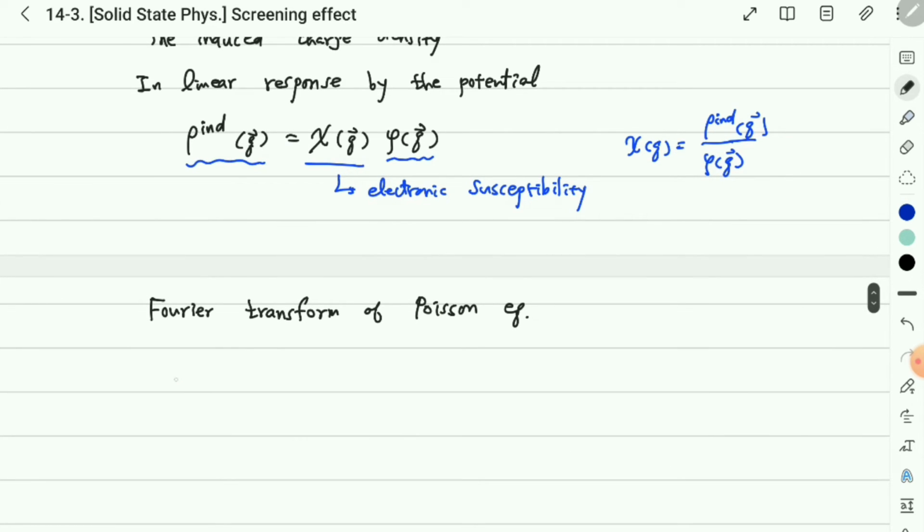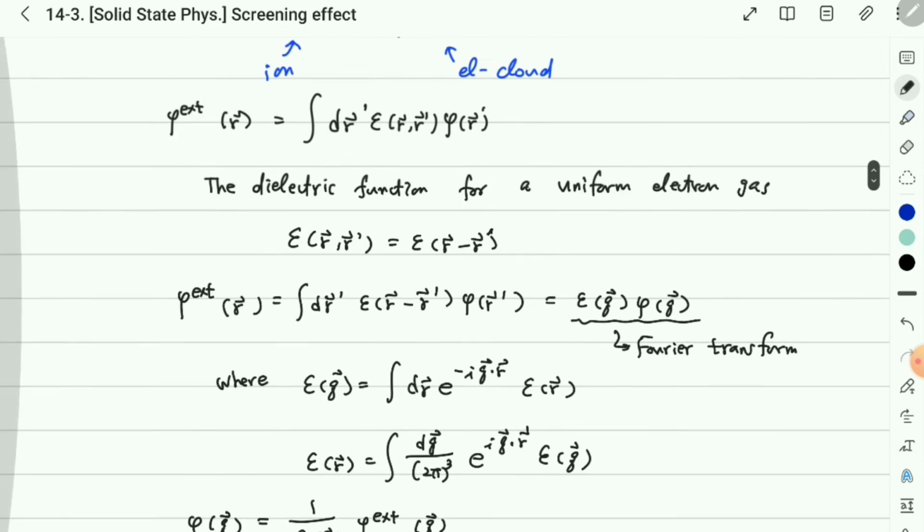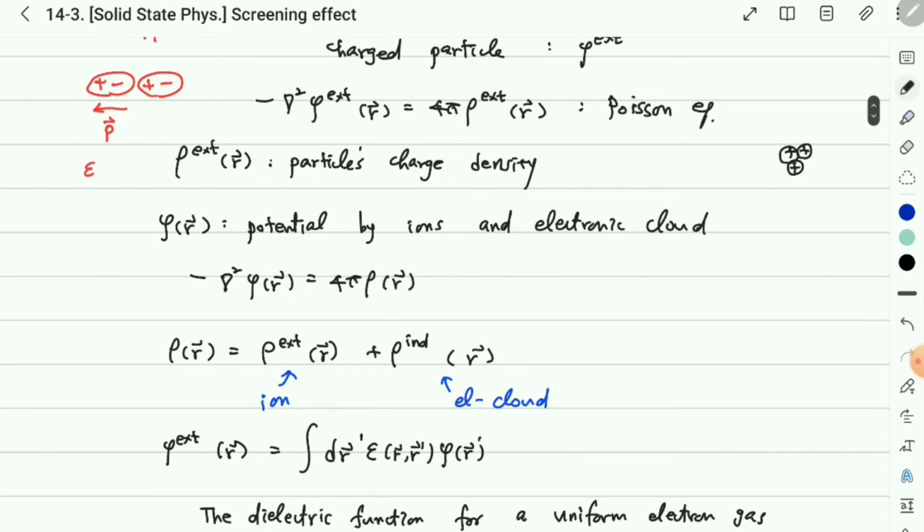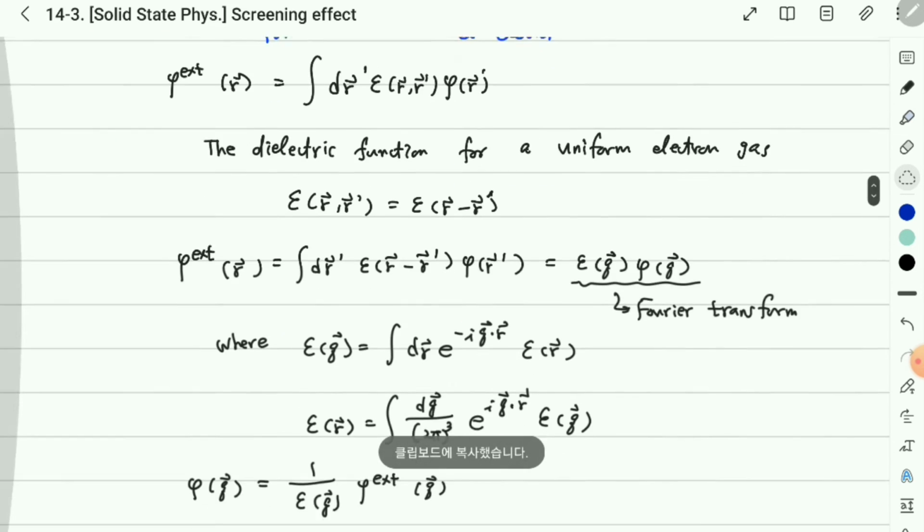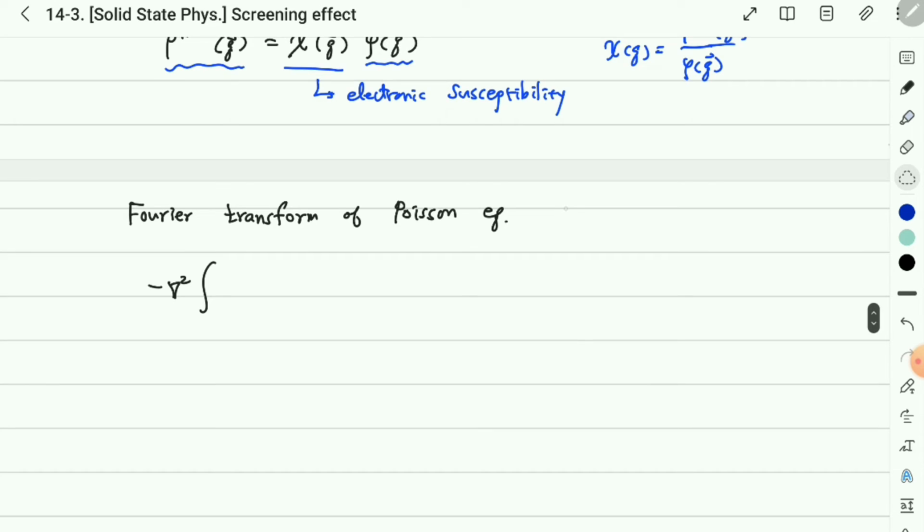Then the Laplacian and the integration of, here we know that it is the real space Poisson equation. Then in the Fourier transform, phi r becomes the integral dq over 2 pi cubed, exponential i q dot r, phi external q.